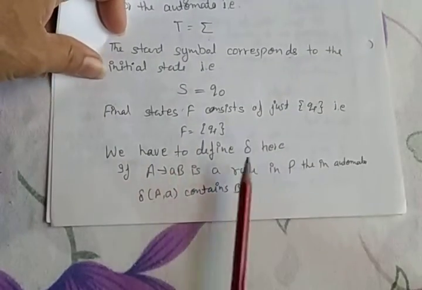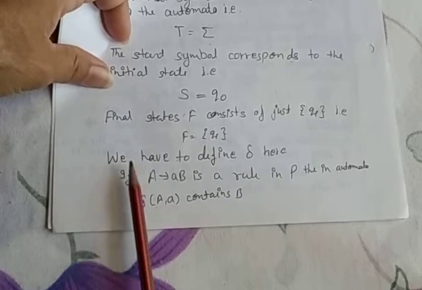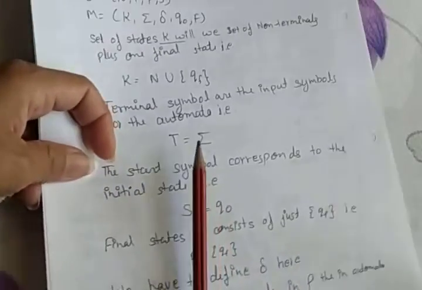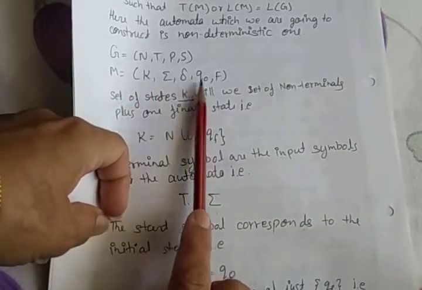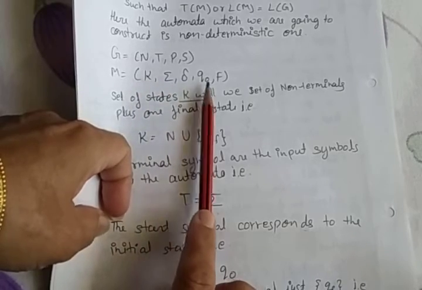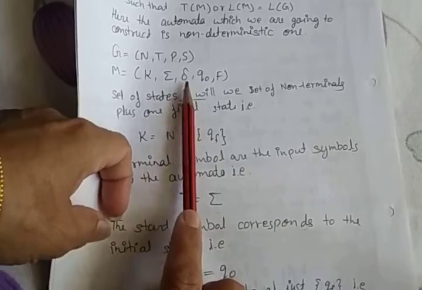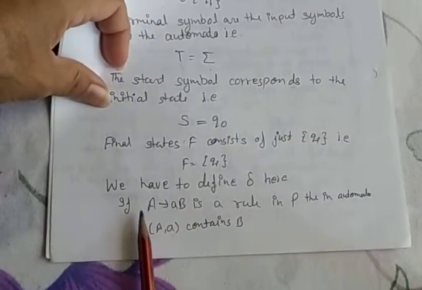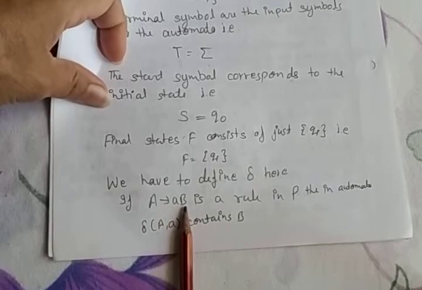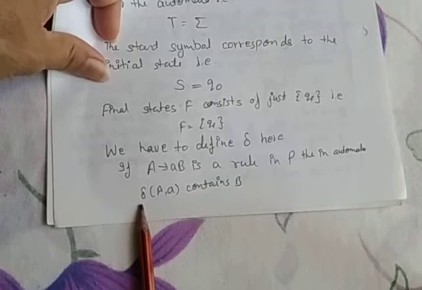Now we need some rules to construct the finite state automata. We need the transition function. See, all the symbols are defined here. We have found K, sigma, Q naught and F. Now we need to find the transition function. If we are given a rule A tends to aB, then we will have a transition delta.